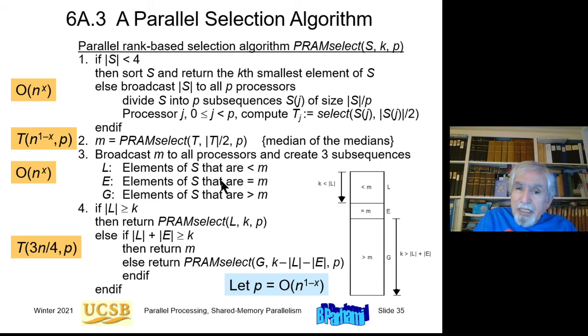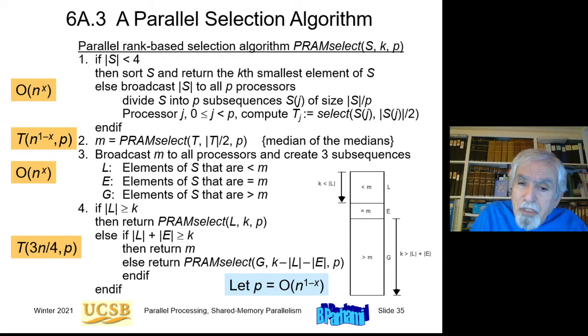However, we will see later that this algorithm, because of the way it's constructed, does not work for x equal to 0. x must be non-zero. So we must have, in fact, fewer processors than there are elements in the list. This algorithm doesn't work for the case where the number of processors is equal to n.